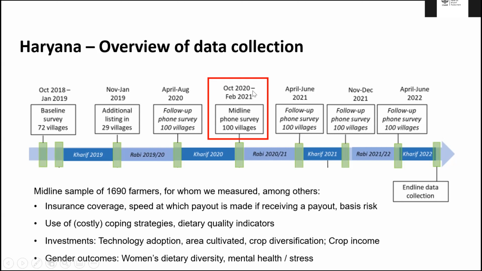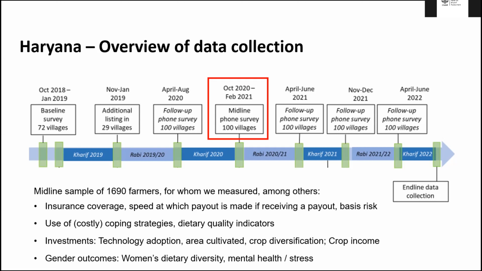Then in 2020, as I mentioned, we did a midline phone survey, now including all the 100 villages. We managed to interview 1,690 farmers. And over this phone survey, of course, we had to be selective in what you can ask, because you can only keep a phone survey going on for so long. But we asked about insurance cover, also when farmers were receiving payouts for a given season, so that we can measure the speed at which payouts are being made by different insurance products.